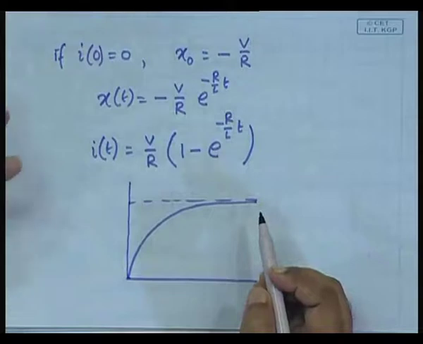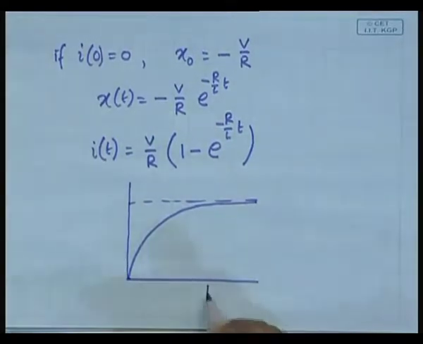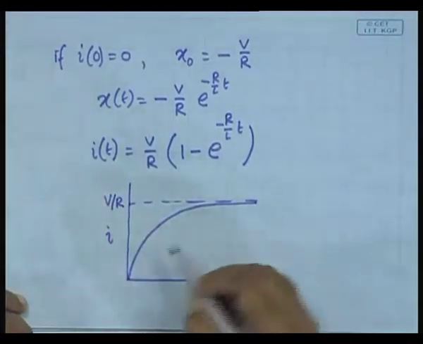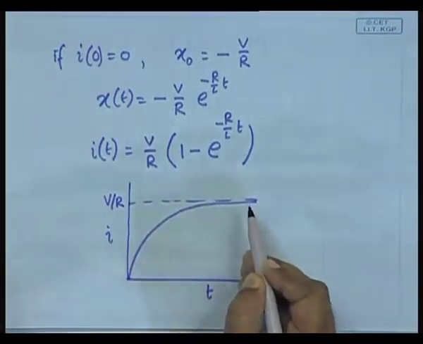The natural question is, how fast does it rise? Here is t, here is I, here is V by R. It could be like this, it could be like that. So, how fast does it rise?